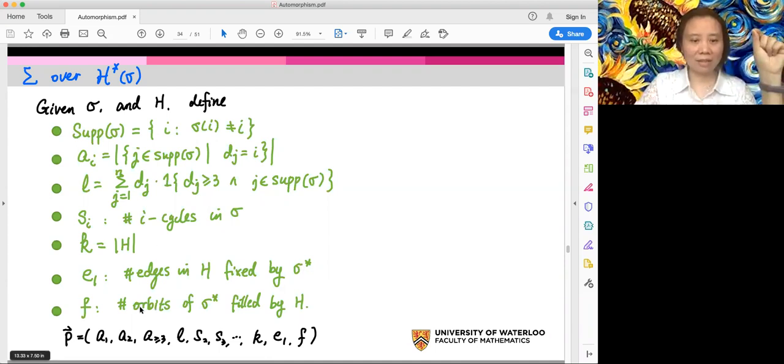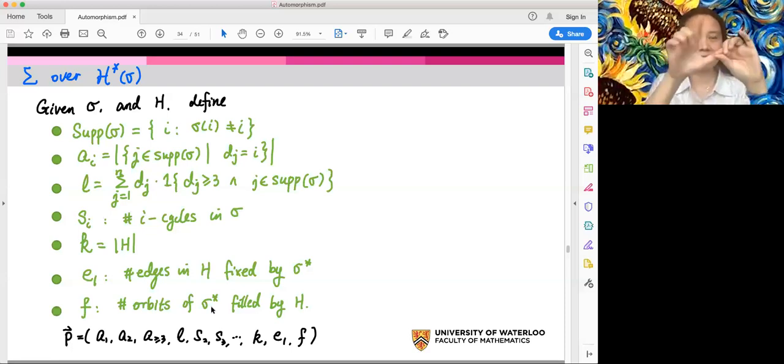And then the other, more complicated situation: if you look at the set of edges in the complete graph, when you act sigma over the set of vertices, you actually induce a permutation on the set of edges in the complete graph, partitioned into a set of orbits. And if sigma is an automorphism, that means that if an edge appears in an orbit, then all the edges in that orbit must be filled.